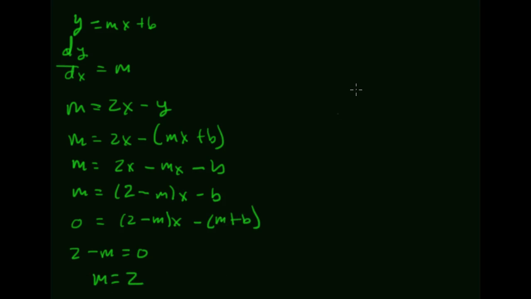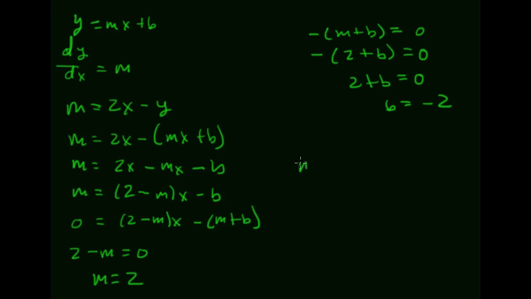And here I get that m plus b has to be 0, so negative m plus b also has to be 0, which is going to be that 2 plus b is 0, b is negative 2, and there is my combination. m is 2, b is negative 2.